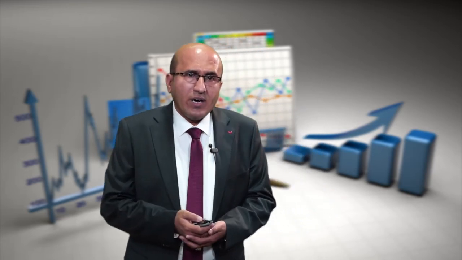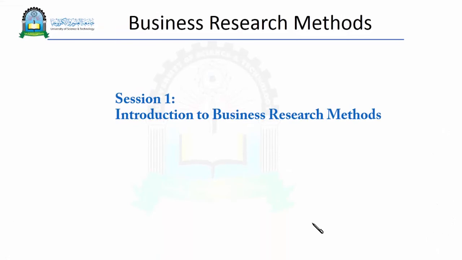So after finishing this session or chapter, the students should be able to define business research, describe the scientific research characteristics, explain how research contributes to business success, differentiate between various types of research, which is very important to know before you even get into the research process. You need to understand the different types of research.